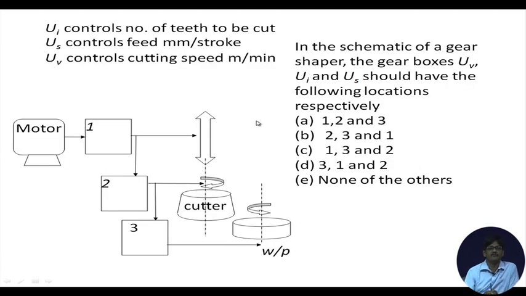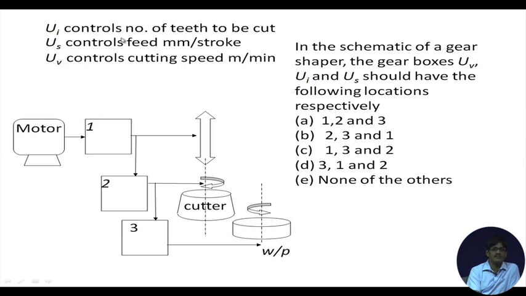Next problem. What is this problem? After learning so much and discussing so much about Fellows Gear Shaper, it should be extremely simple for you. First of all, we have stated that UI controls the number of teeth to be cut, US controls feed in millimeters per stroke, UV controls the cutting speed in meters per minute.